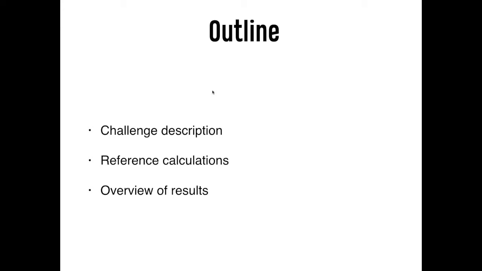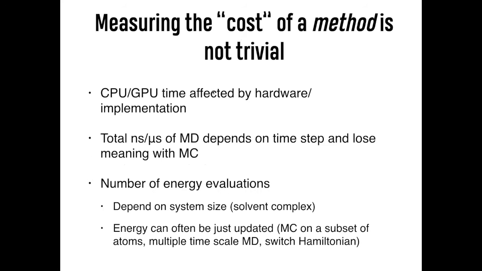I'll dig a little deeper into how we ran the reference calculations, as this is important because I'm going to spoil the punchline: the results do not converge to each other. And so we want to have every critical pair of eyes that we can have to see if we have actually methodological issues here.